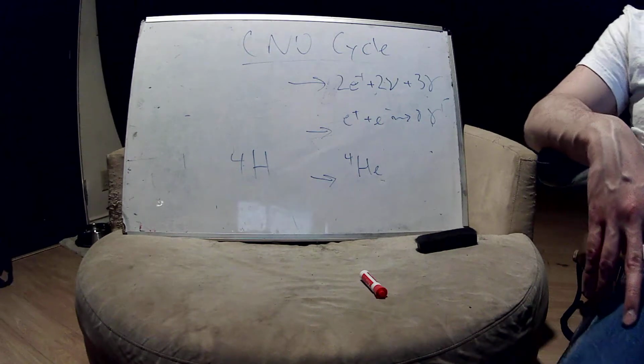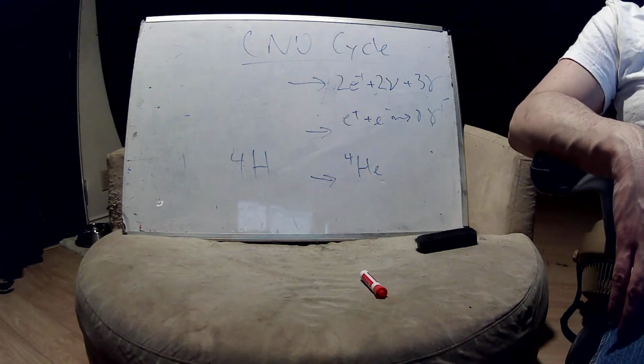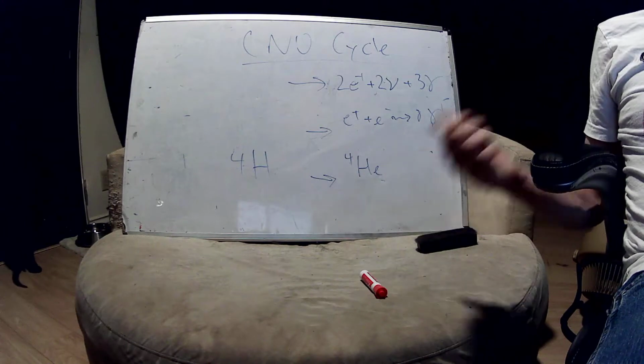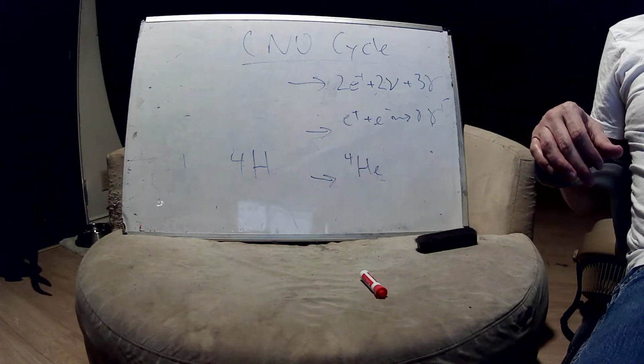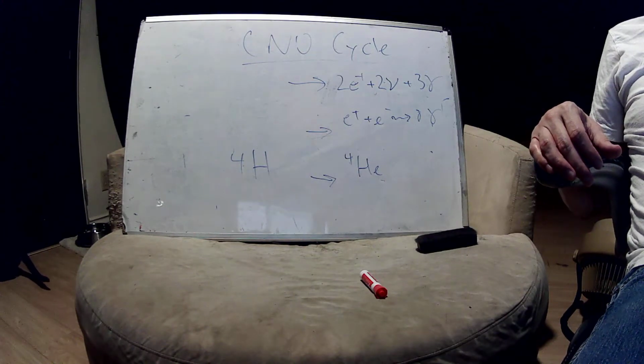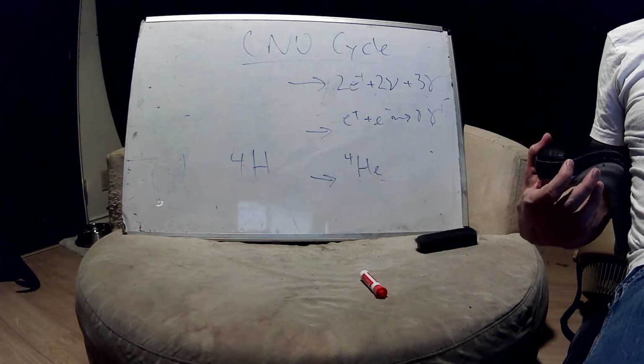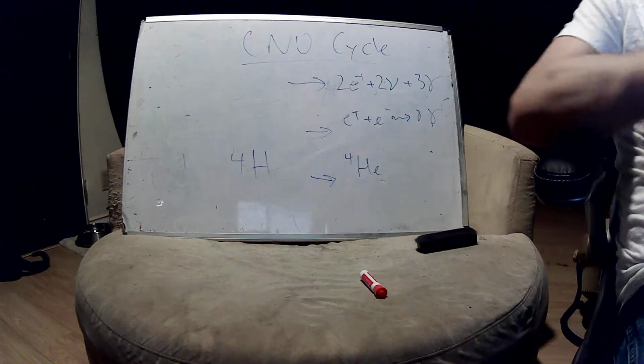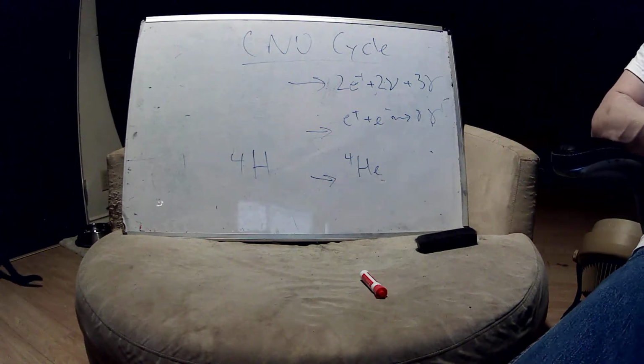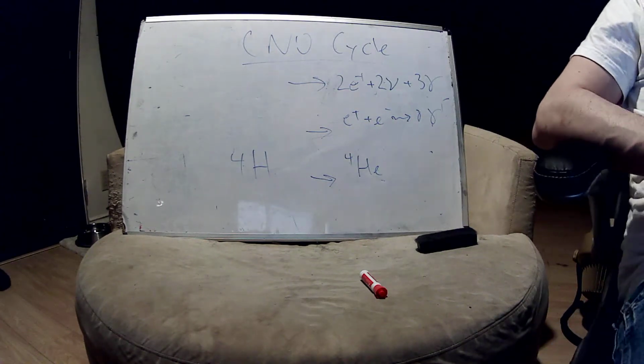And essentially, stars that are more massive than our sun can do this. Whereas stars like our sun have to do funny things like the proton-proton chain in order to try to generate energy in their cores.